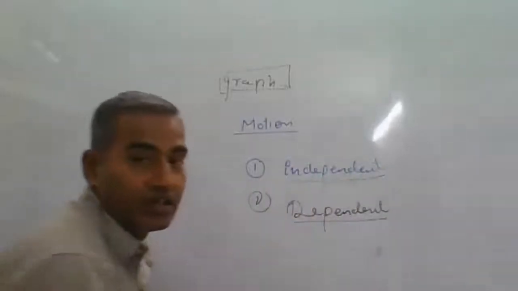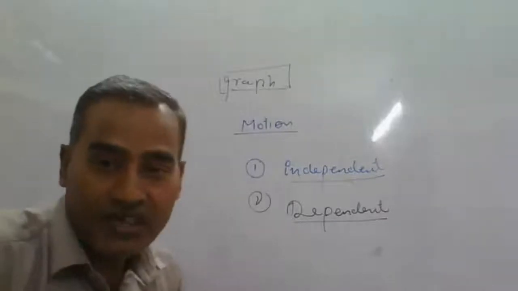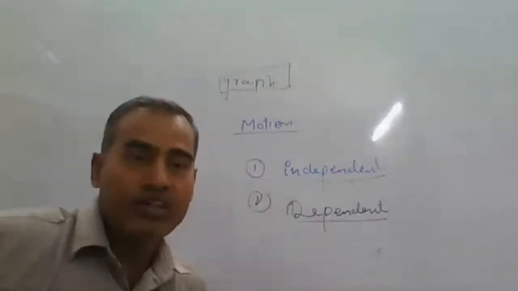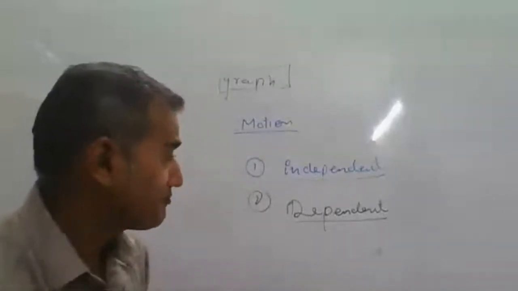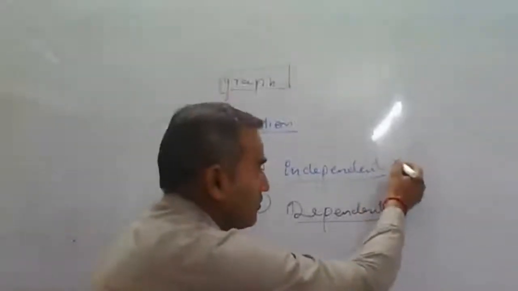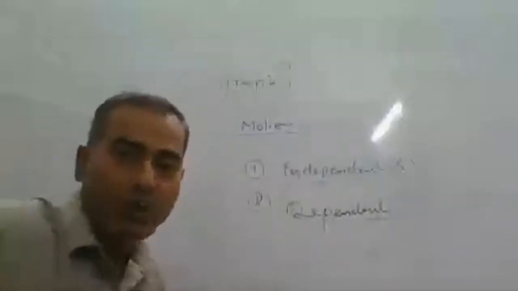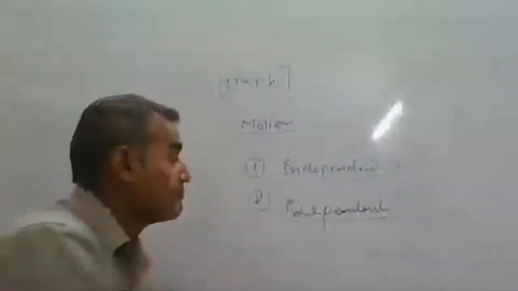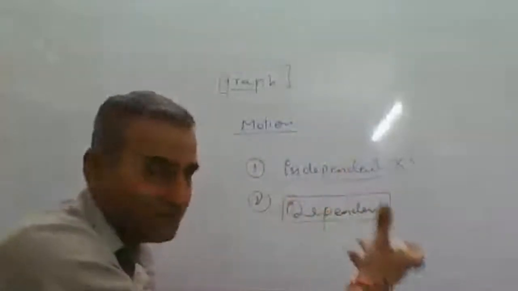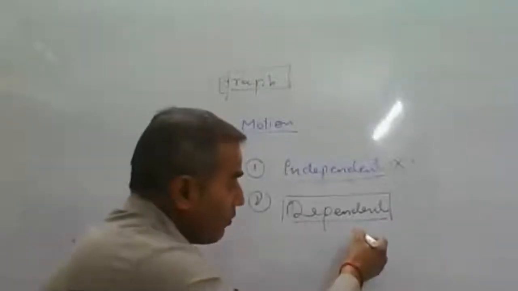The quantity which is independent is always represented on the x-axis. And the quantity which is dependent, like distance, displacement, acceleration, will always be on the y-axis.